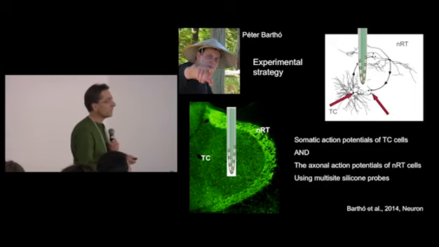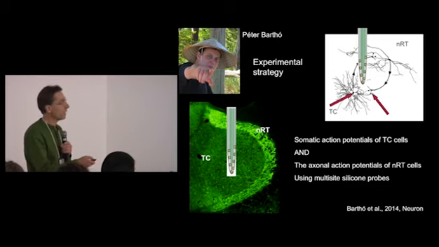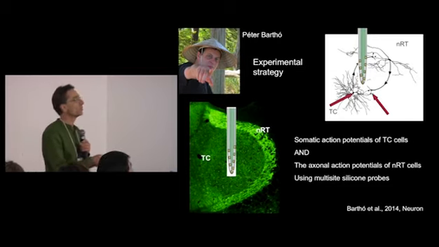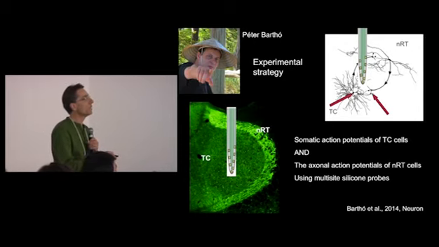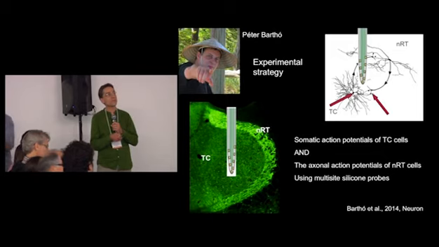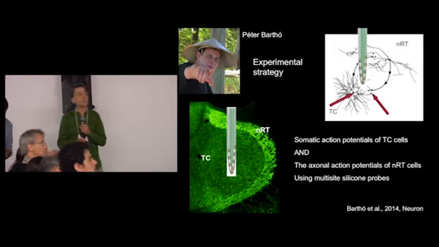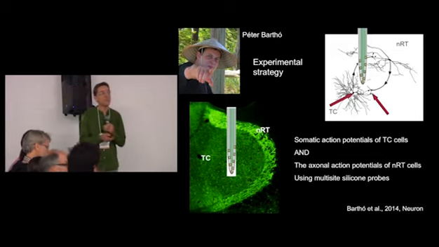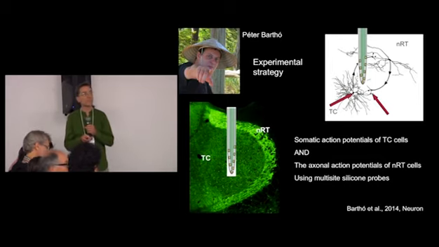But what Peter discovered is that by spike sorting, you can also record the axonal action potentials of the inhibitory reticular thalamic cells which innervate these cells. So basically, with the same electrodes, you can record the activity of the interconnected excitatory and inhibitory circuit.